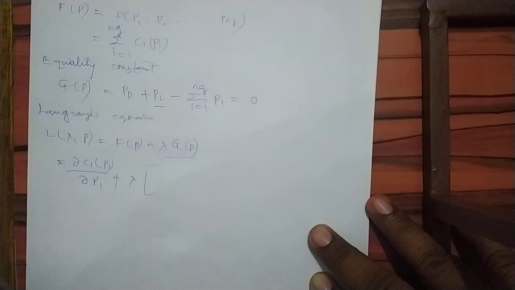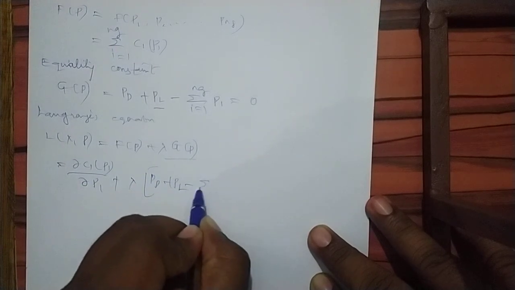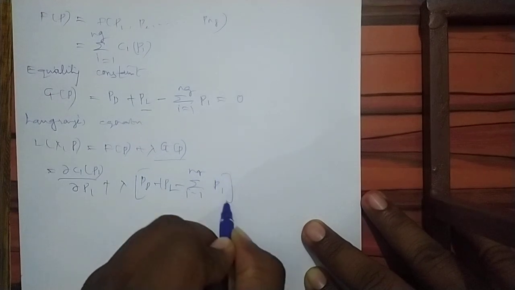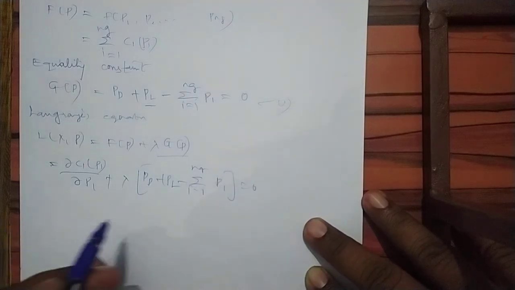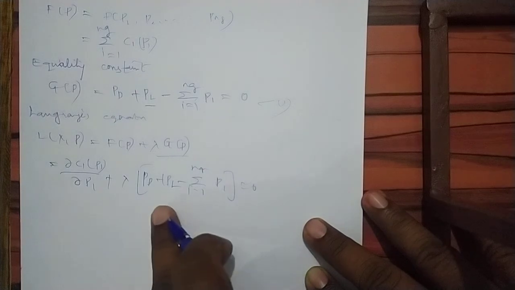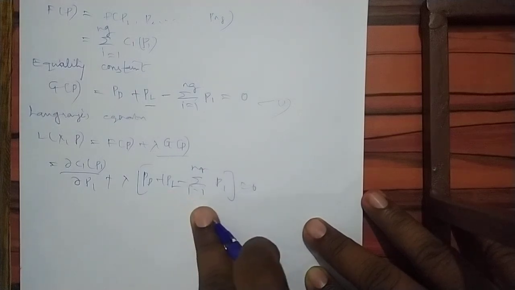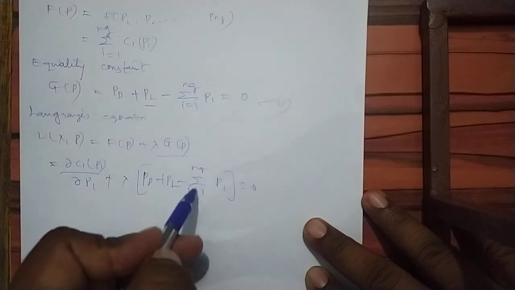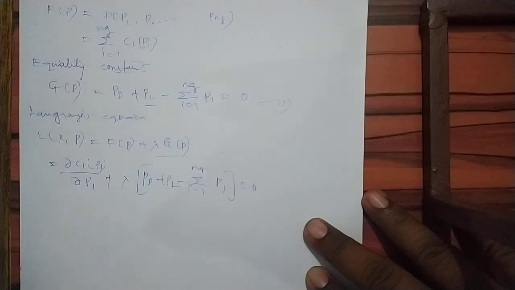So G of P is what? PD plus PL minus the summation of i equal to 1 to Ng of Pi. In the above equation, PD is the total load demand, PL is the transmission losses, and the summation of 1 to Ng of Pi is the total generation of all power plants.